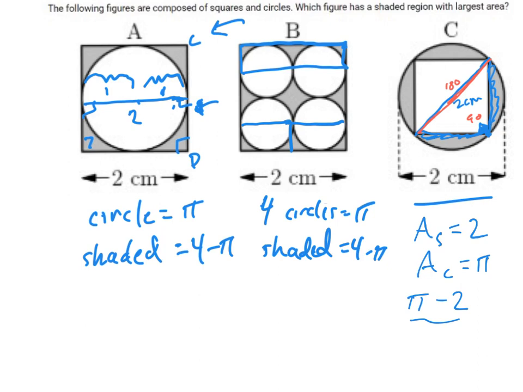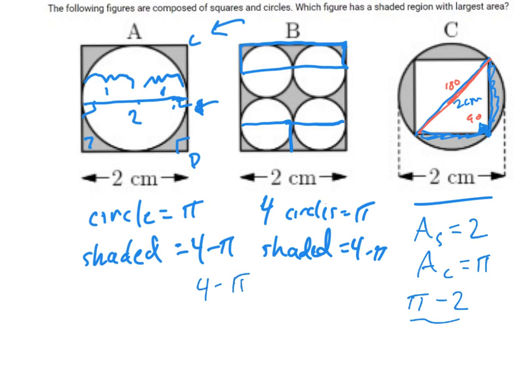So now we have to compare all these because the question asks which is the largest area. If we look closely, we can do a little bit of estimation, because at first it seems a little weird that we have to subtract pi's. Here we have 4 minus pi for both A and B, and here we have pi minus 2.